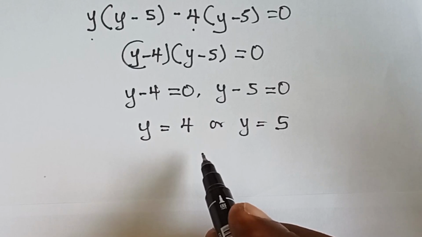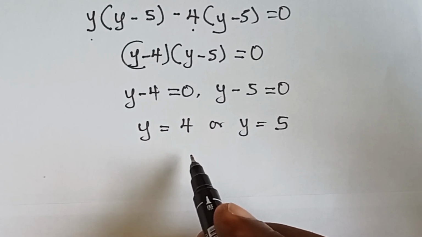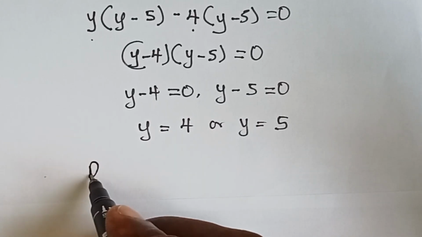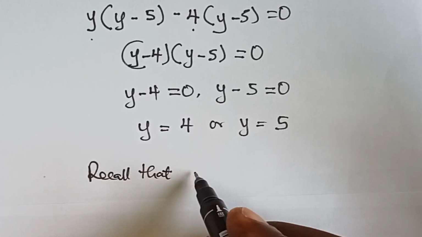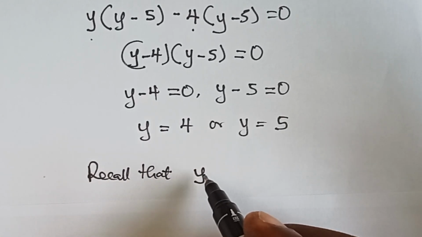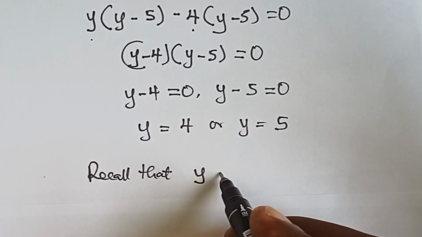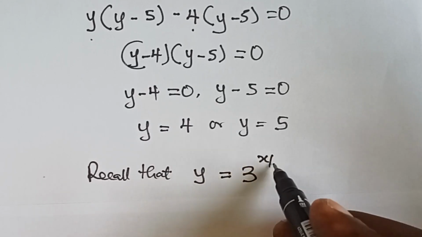These are values of y, but in the question we have to find x. Recall that we said at the beginning of the solution, let y equal 3 raised to power x over 2.